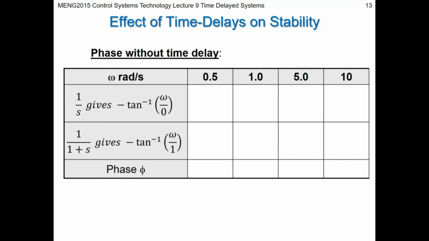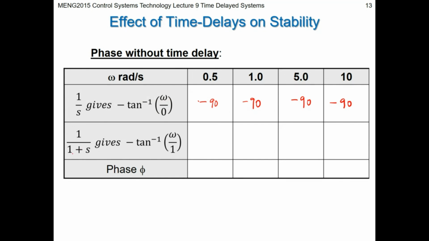Very simple, because the 1 upon s we know already. Our phase without time delay: our pure integrator gives us minus 90 degrees for all values of omega. Why? Because we've got a 0 on the bottom here, so this is minus tan inverse of infinity for all values of omega, which is minus 90 degrees.